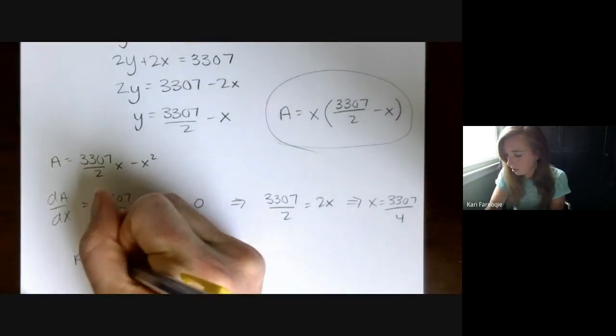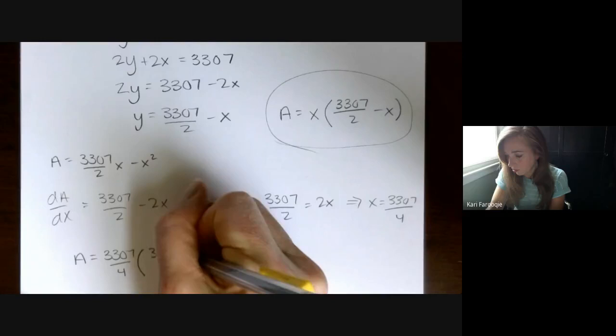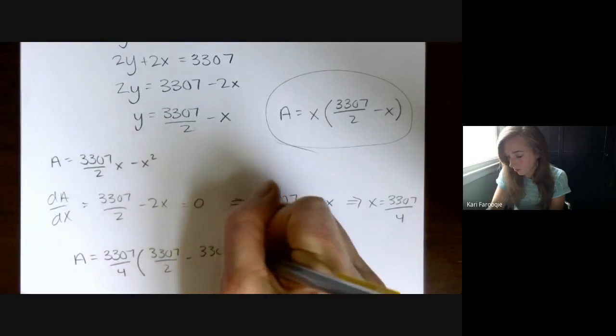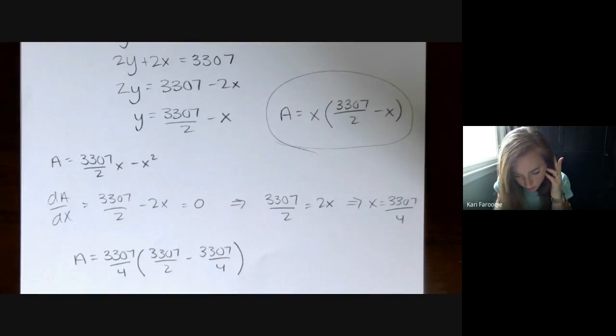I would say the area is 3307 fourths times 3307 halves minus 3307 fourths, and then just simplify that, getting approximately 683,515.5625. That might even be exact.